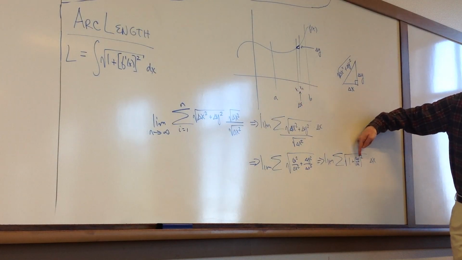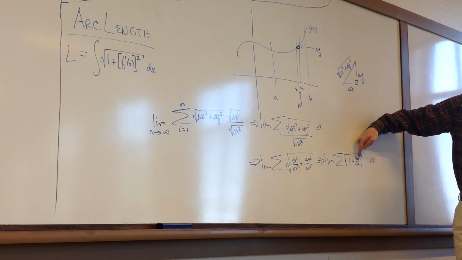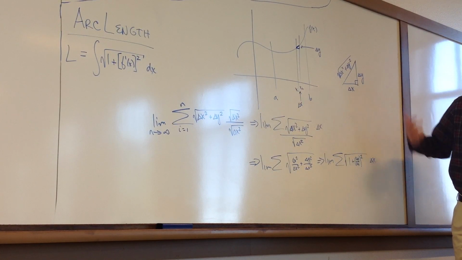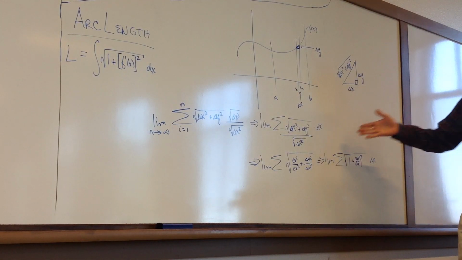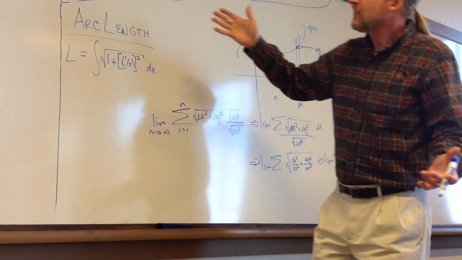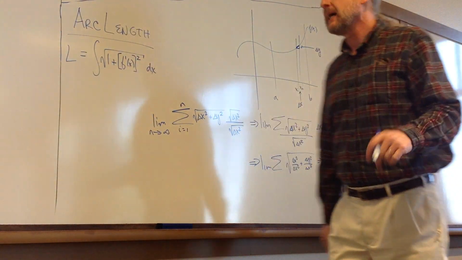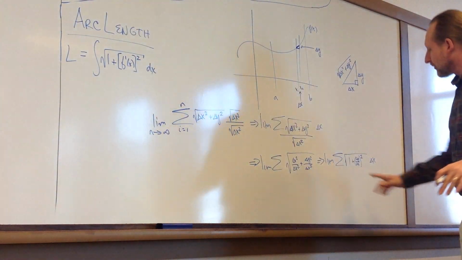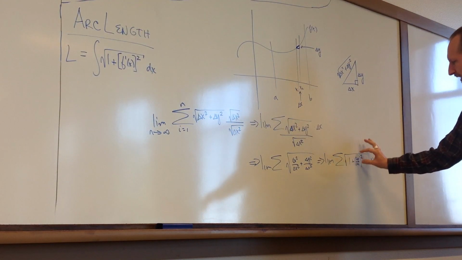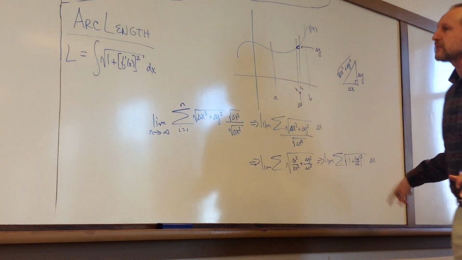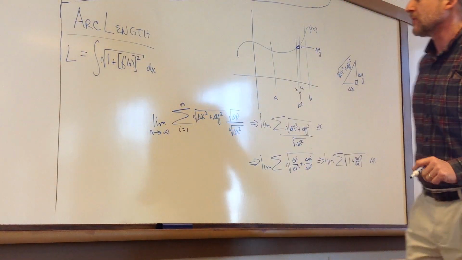So this is the derivative, right? This is essentially dy over dx, squared. If we move from the sum to the integral, then this is dy dx, which is the same thing as f prime of x. So that's where we get the 1 plus f prime of x squared, and then this delta x on the end, there's our dx.